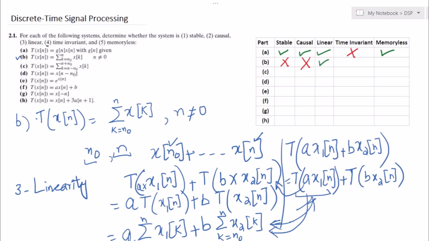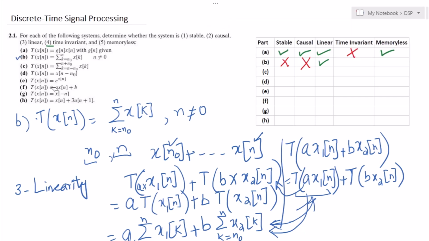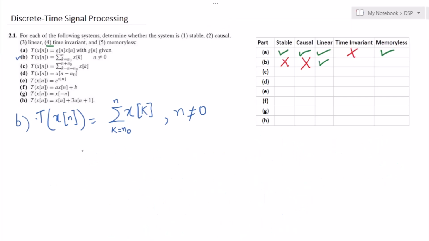Now the fourth one is the time invariance. Let me check it out. To check the time invariance of a system, again we have a system here. Let me delay the x of n, and then we provide this delayed signal to our system, and here we will get some value that is x.